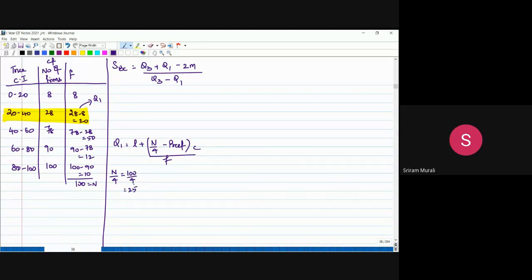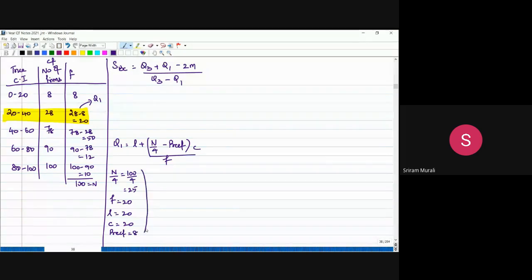Now, having found n by 4, what is your F? F is 20. What is L? L is 20 because lower limit. What is C? It is also 20. And pre-CF, 8.